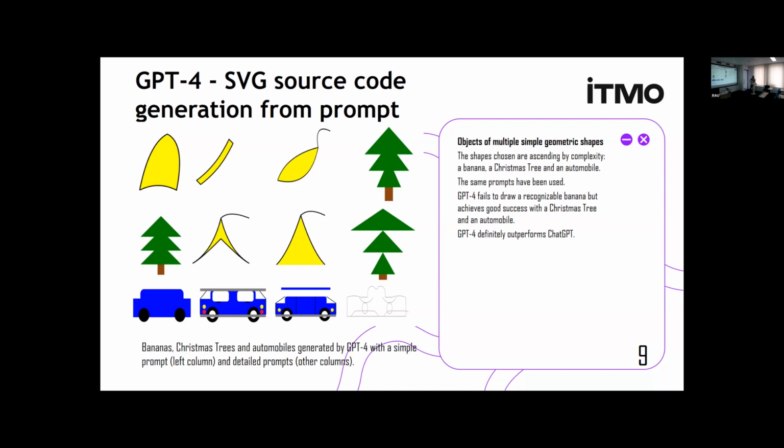You can see that the Christmas tree and the automobiles look a lot better. Some examples are quite sophisticated, for example, the second automobile from the left. And here we can see that GPT-4 definitely outperforms ChatGPT in this task.